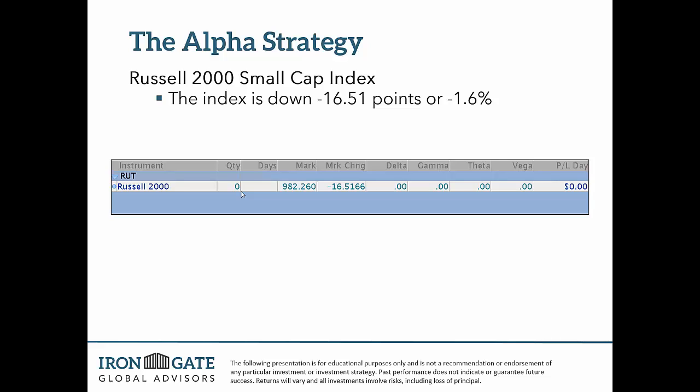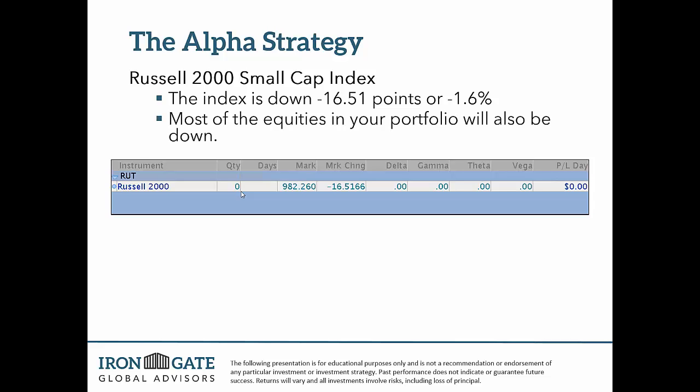The other thing is that anytime the Russell 2000 is down 1.6%, most of the equities in your portfolio, because of the correlation with the S&P 500, will most likely be down as well. So your portfolio is going to be down 1.5%-ish on a day like this.